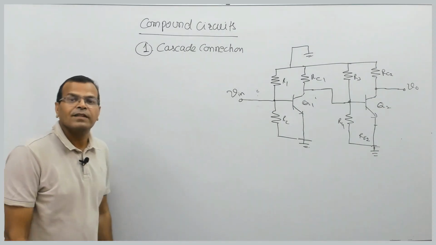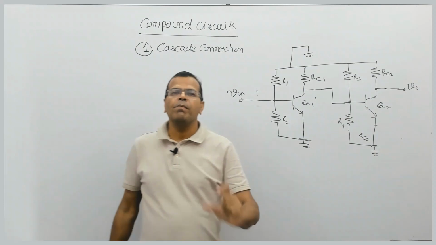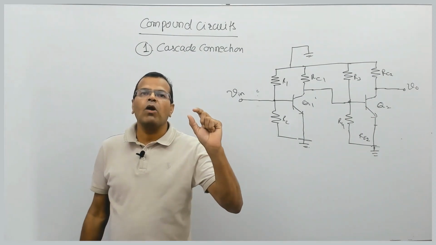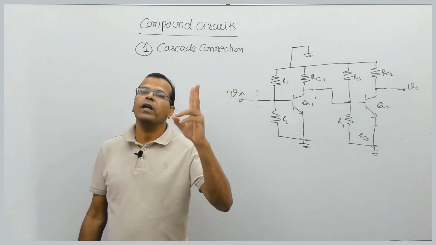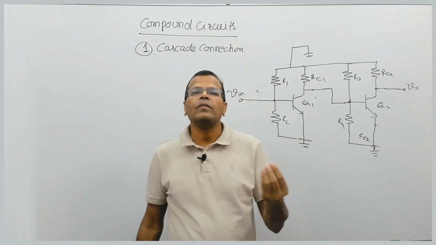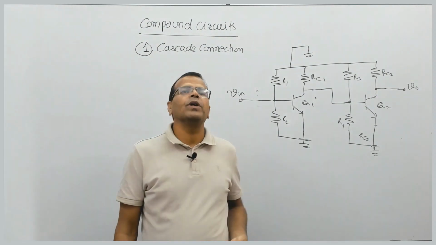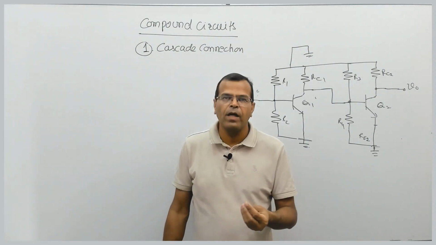What else? We need to replace the transistors Q1 and Q2 by their small signal model. So here we can go for two approaches. We can use either the approximate h parameter model, the re model, or the r pi model.